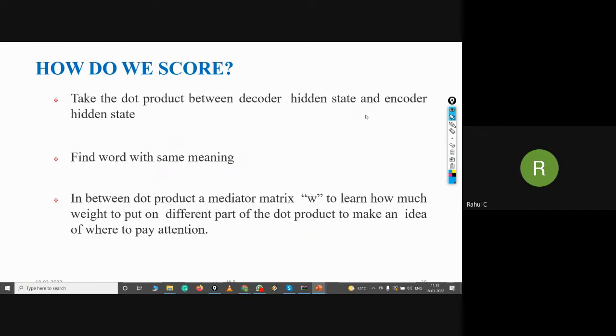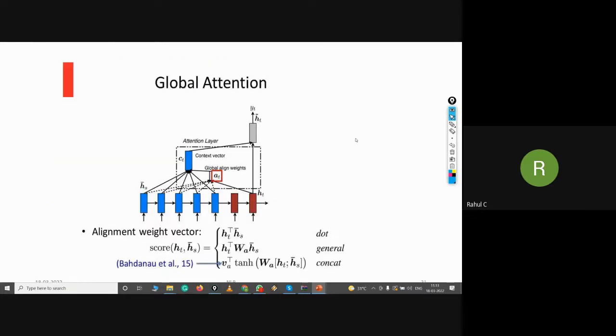The question is how we score. We already discussed: take a dot product between the decoder hidden state and the encoder hidden state, for words with the same meaning. Now for more of the mathematics behind this. The score can be explained as a weight vector h_t, the decoder state, dot product with the source hidden state.